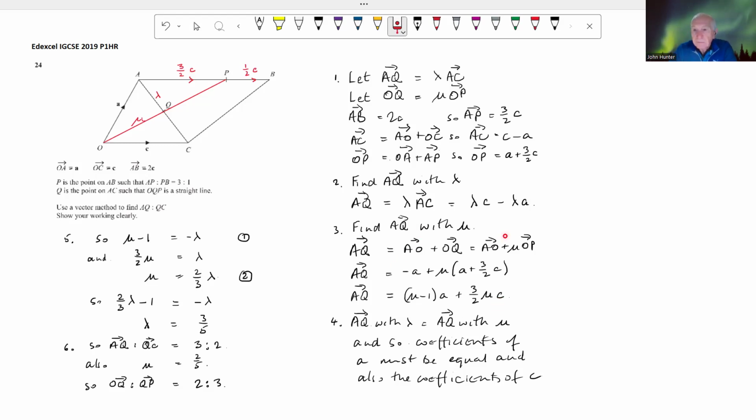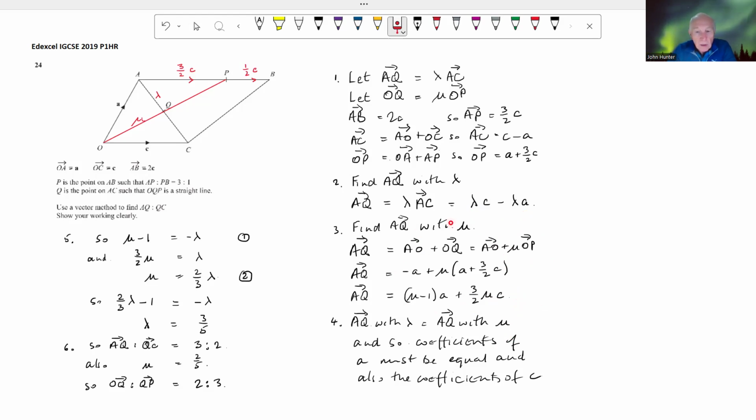Now, the fundamental step here is the fact that the coefficient of a in this version has got to be equal to the coefficient of a in that version, and the coefficient of c in this version has got to be equal to the coefficient of c in that version. That's the fundamental principle we're working with in vectors.